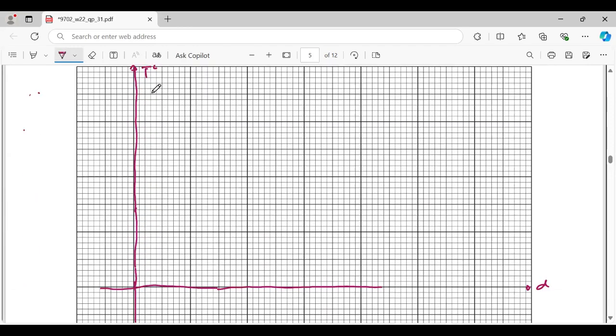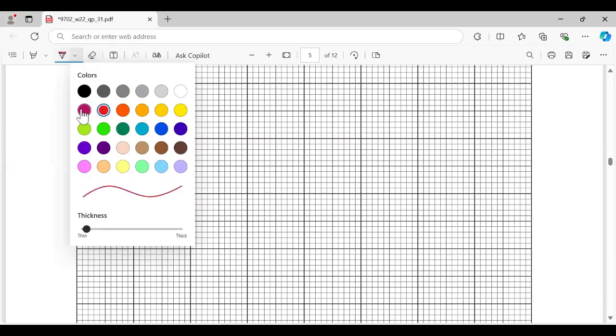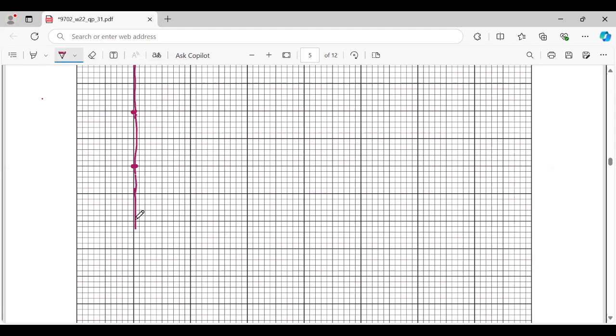If 0.5 here, okay, 0.5. If 0.5, it means 0.4 here, 0.3, 0.2, and then 0.1 here, and 0 here.